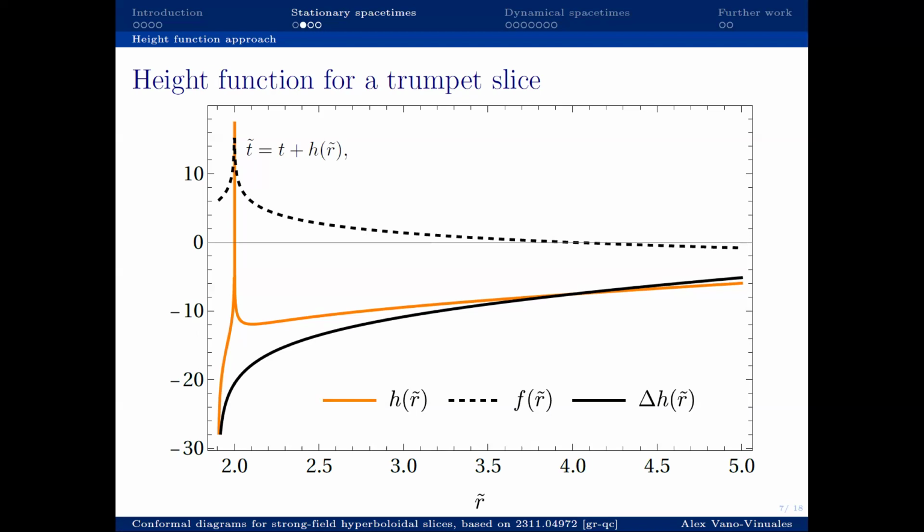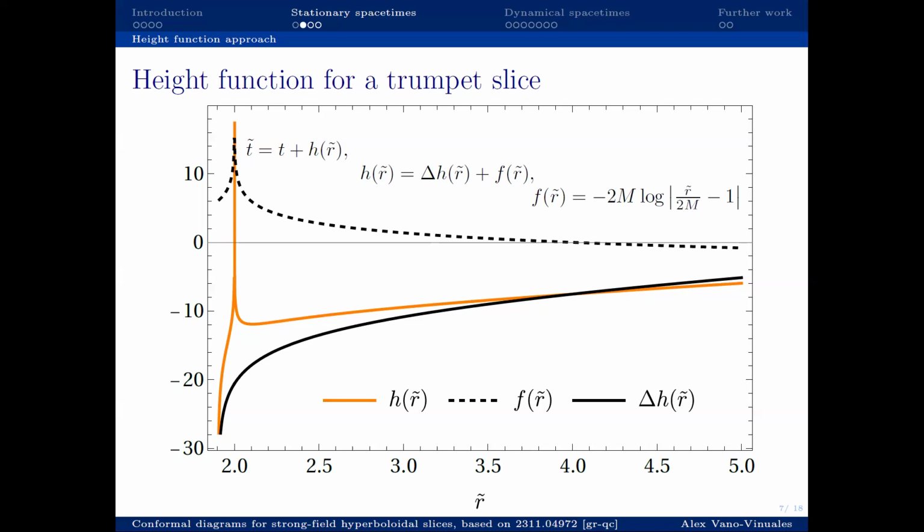However, as you can guess, if we're trying to integrate a function that diverges like this at a point, it's tricky at the numerical level. One way of dealing with this is to separate the height function into a part, which I'm calling delta h, which is finite around the horizon, and this f function, which takes into account the divergence, which for Schwarzschild can be taken to have exactly this form: minus 2m logarithm of r over 2m minus 1.